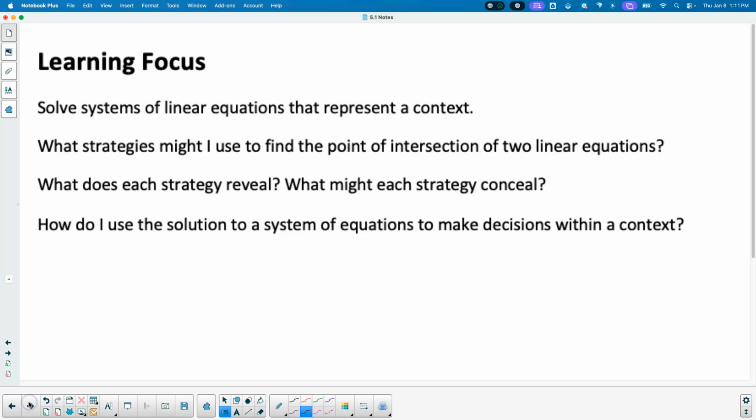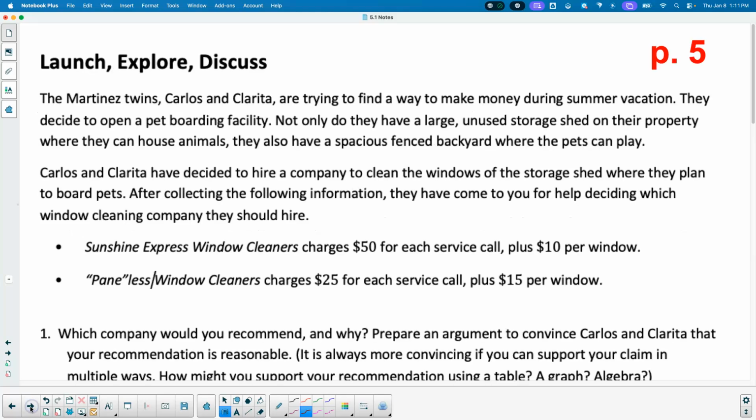Okay, let's get into it. So, Carlos and Clarita, we've met them before. Carlos and Clarita are trying to find a way to make money during summer vacation. They decide to open a pet boarding facility.